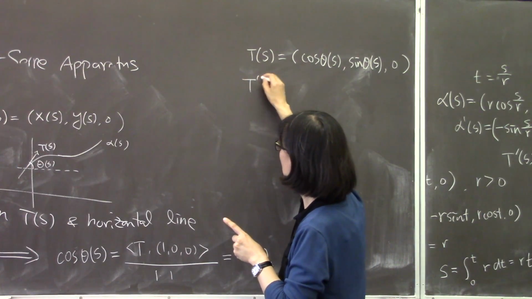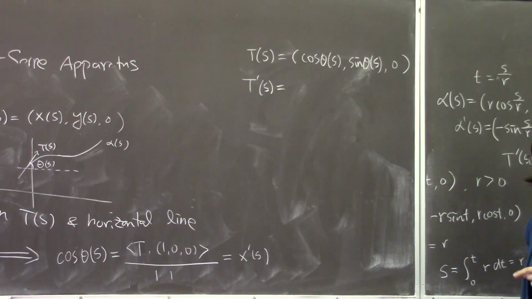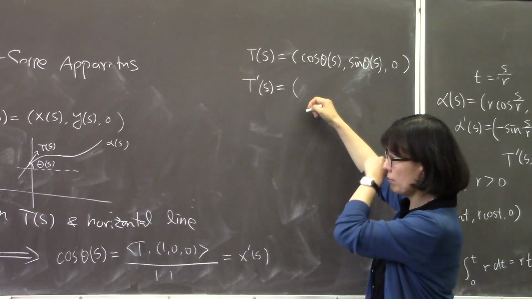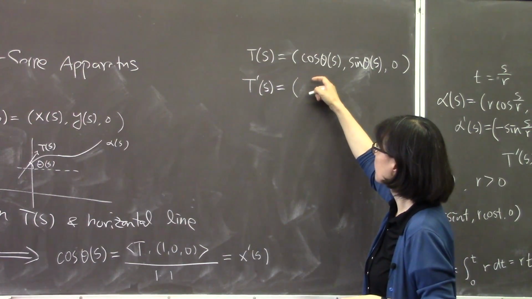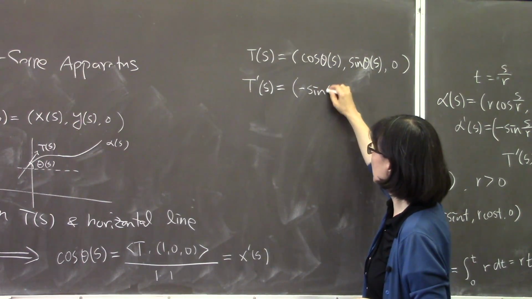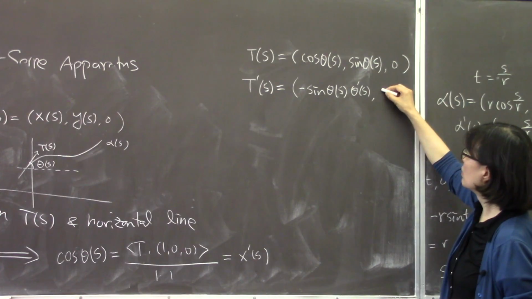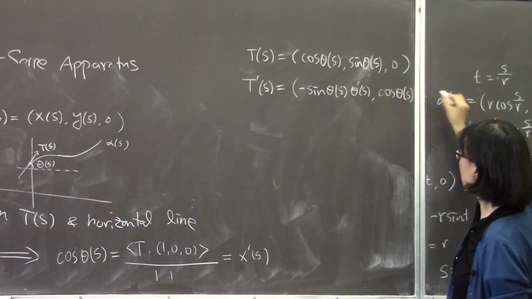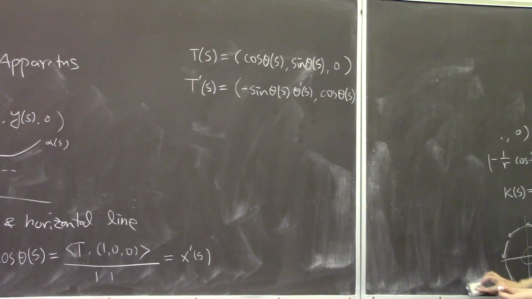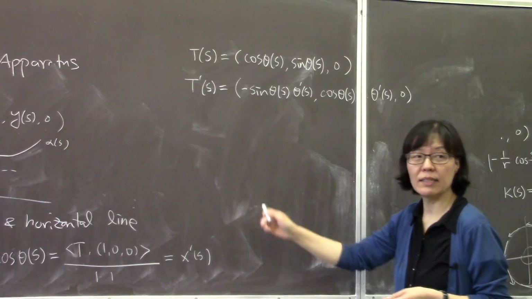And now we are ready to get the curvature. So what is T prime s? Negative sine theta s times theta prime s, chain rule, and cosine theta s times the same theta prime s. Okay.